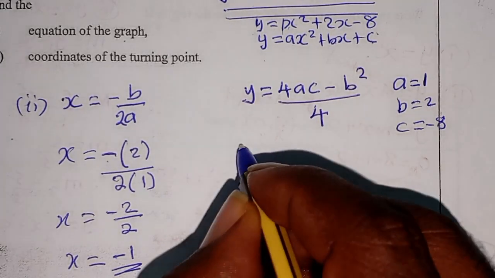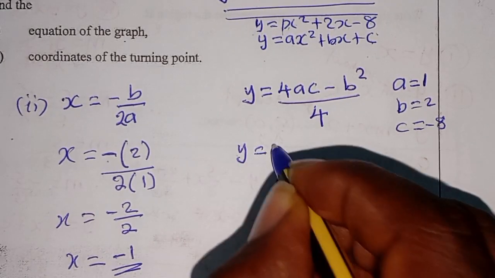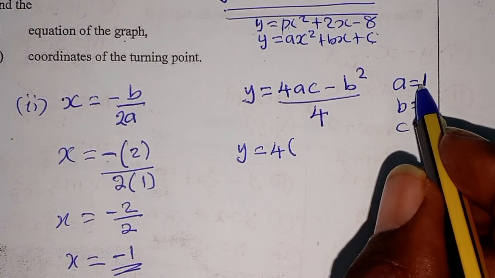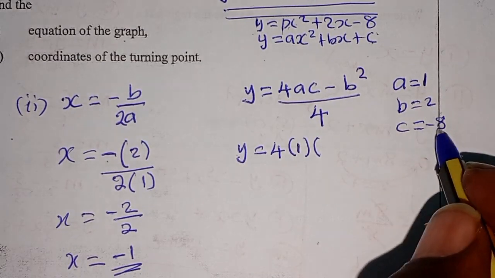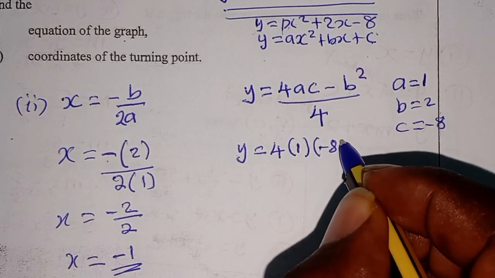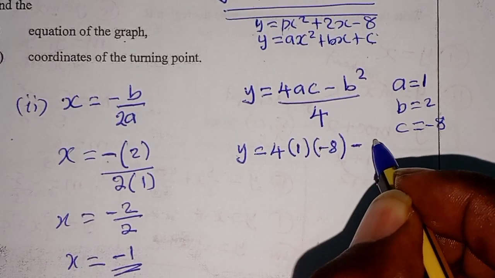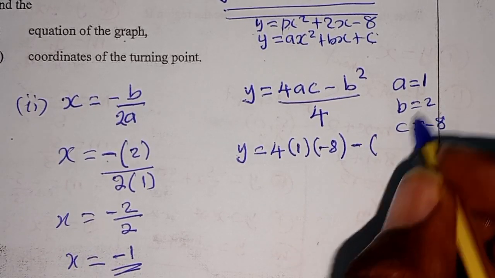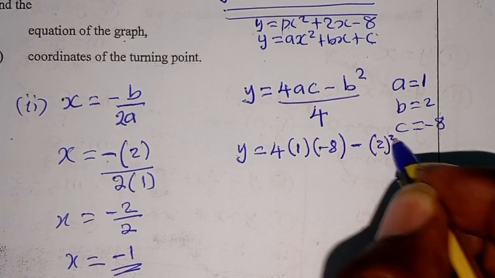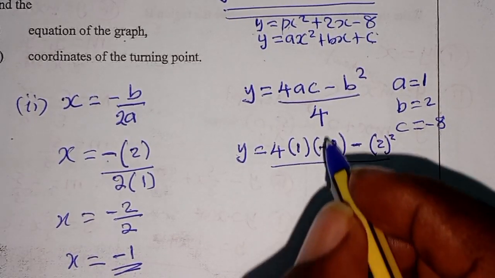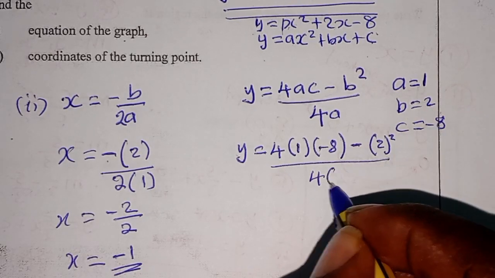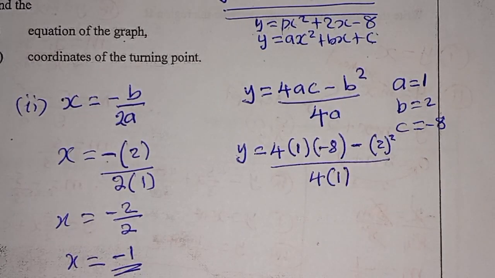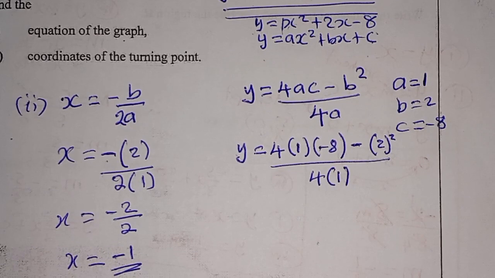Then y equals 4, where there is a you substitute 1, where there is c you substitute negative 8, minus b squared, which is 2 squared, over 4a, which is 4 times 1.